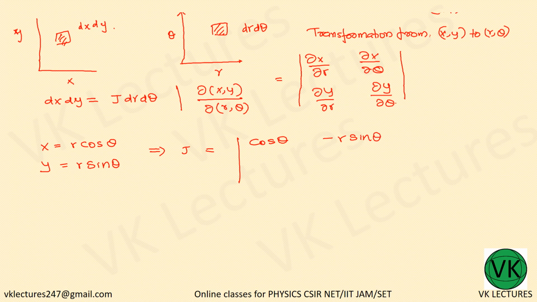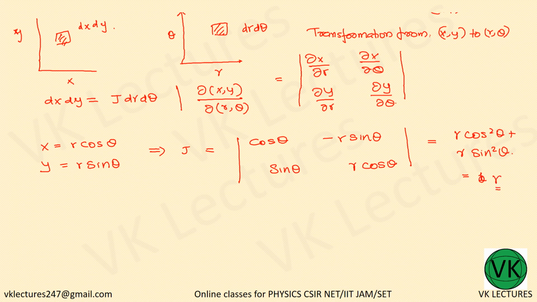Now dou y by dou r is sin theta, and dou y by dou theta is r cos theta. Now it's r cos square theta plus r sin square theta, so that is equal to r. Sorry, not 1, that is equal to r. So the Jacobian for this is r.